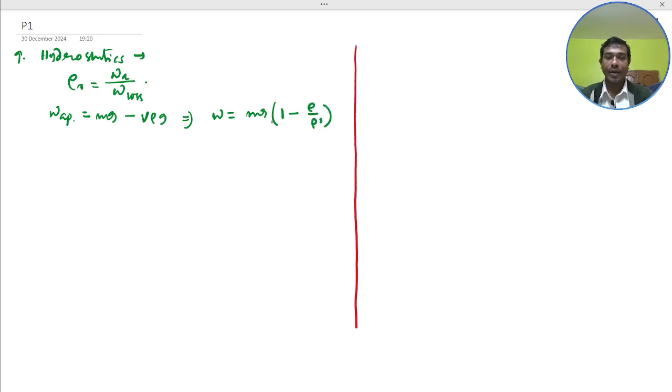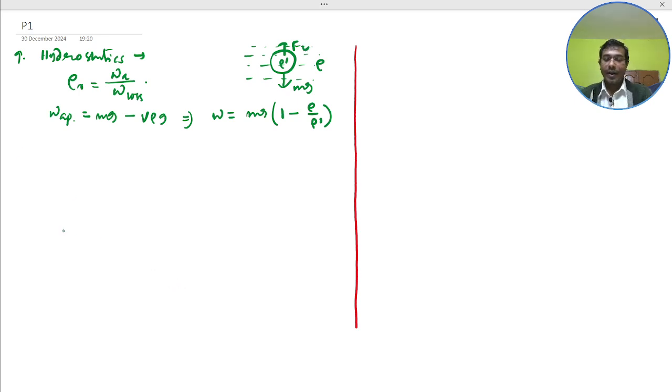This is an important formula. Here rho dash is the density of the solid and rho is the density of the liquid. Suppose a solid with density rho dash is within a liquid whose density is rho. So this is the mg and this is the F_B, the buoyant force.